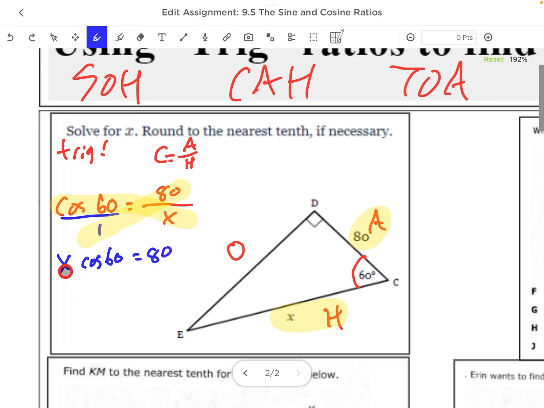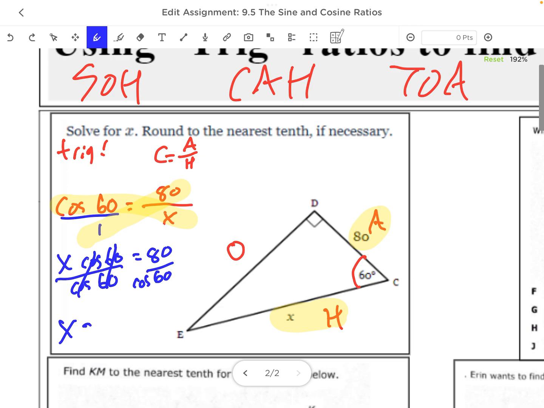We want just x. A common mistake is to just divide by 60, but the cosine would still stay there. So we need to divide both sides by cosine 60. That way both get rid of it, and then we have just the x.